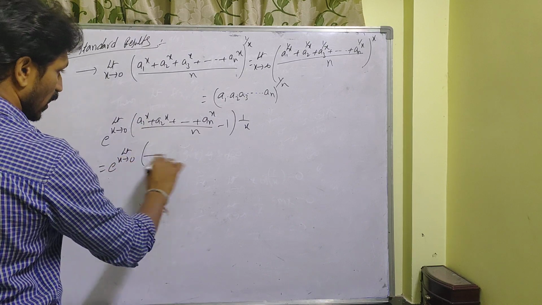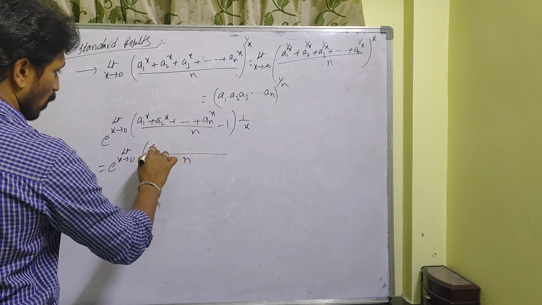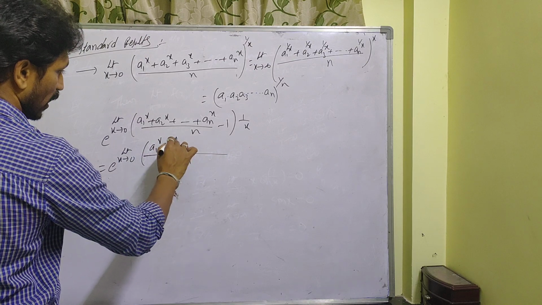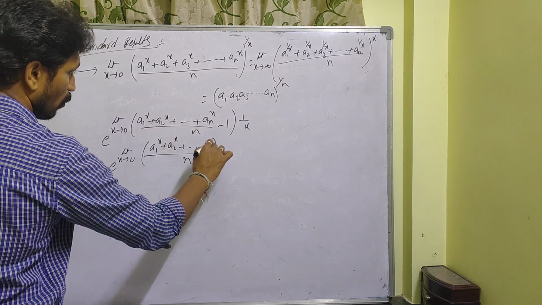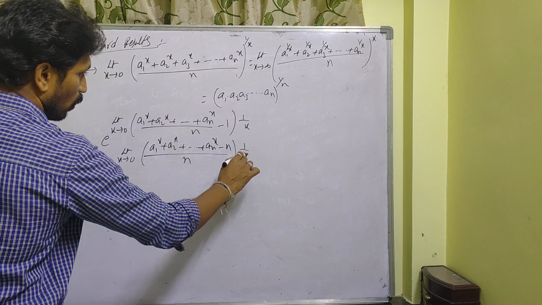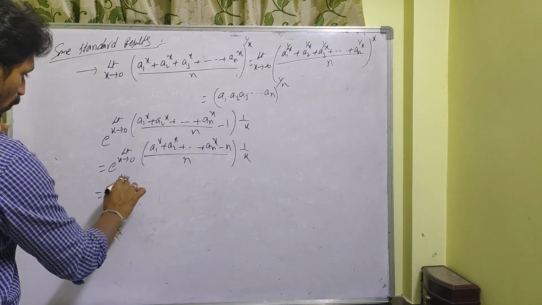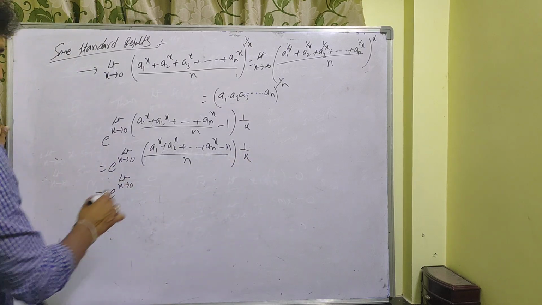So this is equal to e power limit x tends to 0. What can you write here? n is the LCM, so a1 power x plus a2 power x plus and so on plus an power x minus n, into 1 by x. This is equal to e power limit x tends to 0.